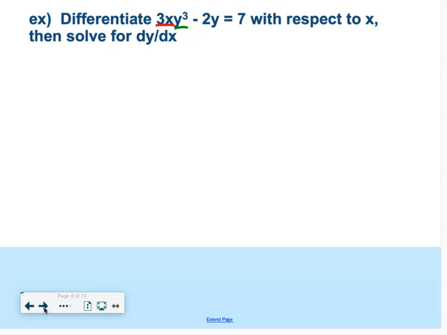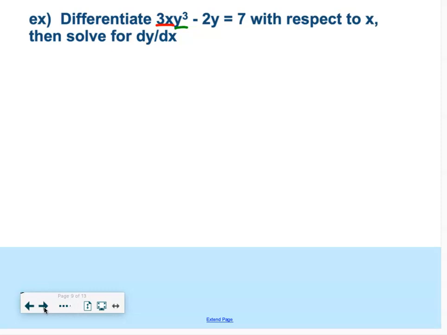Well done. 3 y cubed plus 3y squared. Oh, wait.